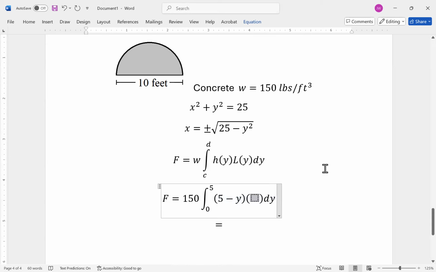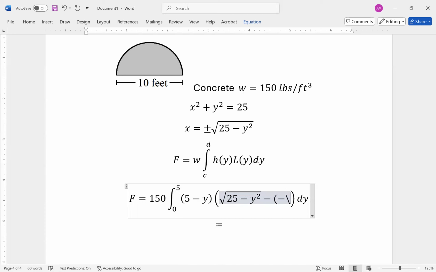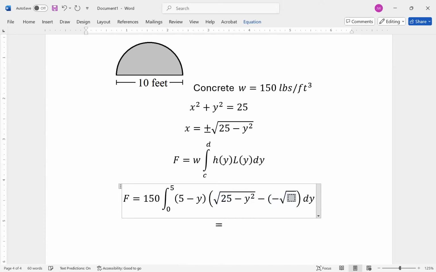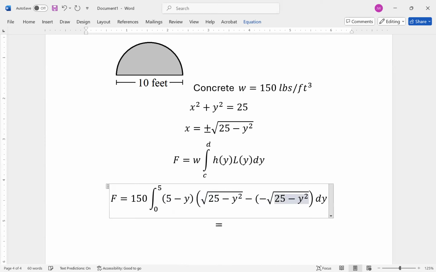And then, once again, we're taking the square root of 25 minus y squared as our right-hand side, minus the negative square root of 25 minus y squared as my left-hand side of the rectangle.